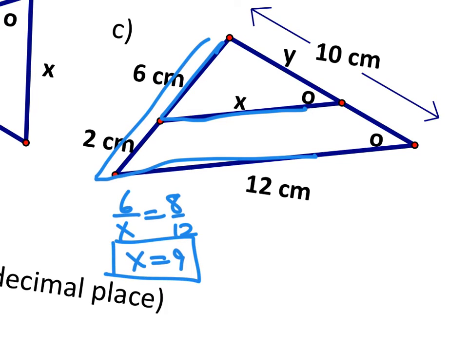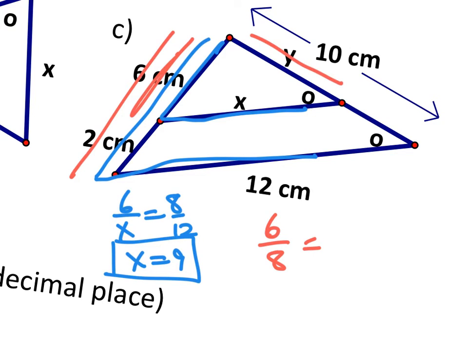Setting up a proportion for y, we could say 6 is to 8 as y is to 10. So when we cross multiply that, we'll get y is 7.5.